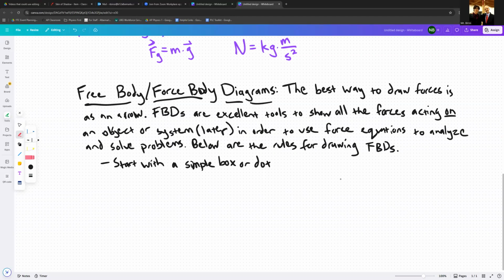So start with a simple box or dot representing either the object or system. And AP really likes their dots. I preferred the boxes, but either one is fine.